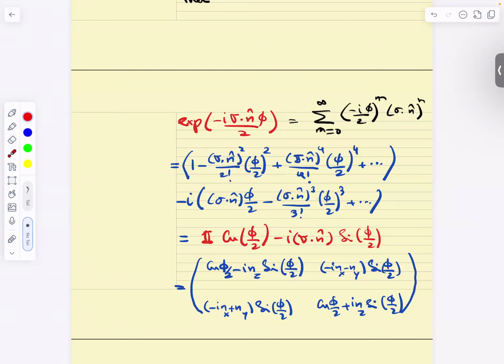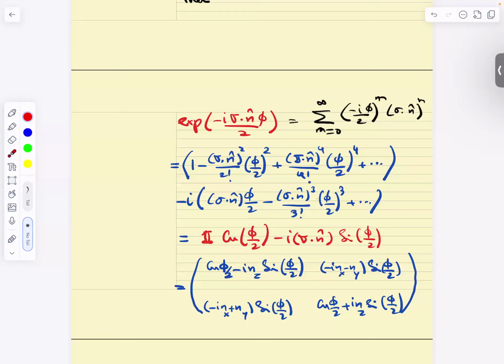Not surprisingly, right? Because exp of i phi is cosine phi plus i sine phi, right? So written in the language of 2x2 complex matrices, this is what the operation of rotating around the n-axis by angle phi is. This is the answer to your question, right?